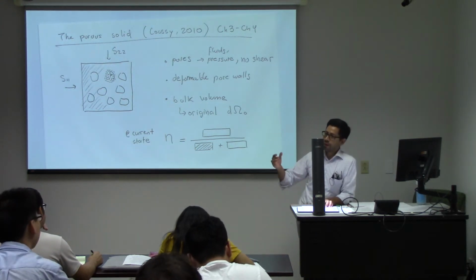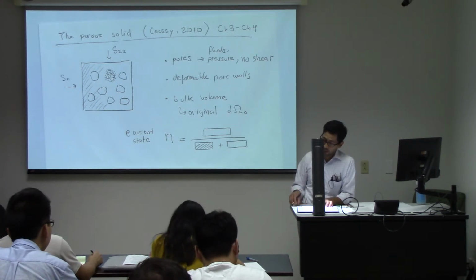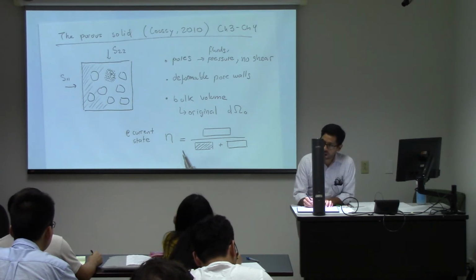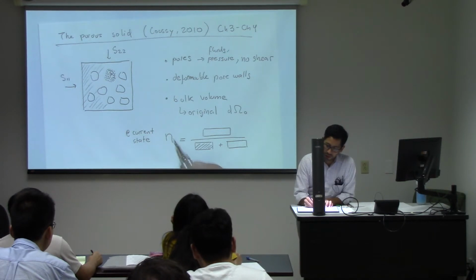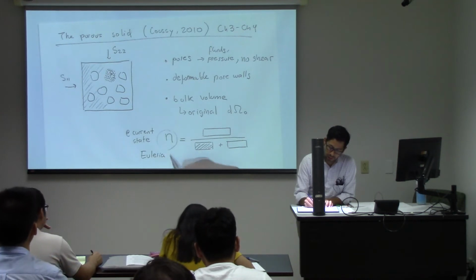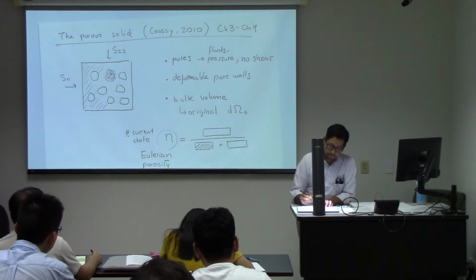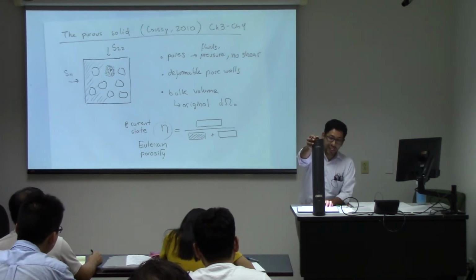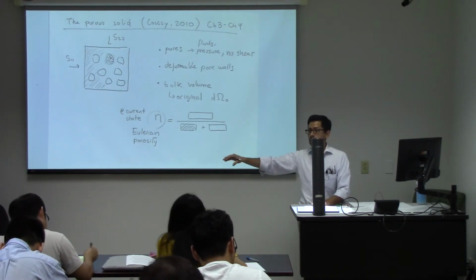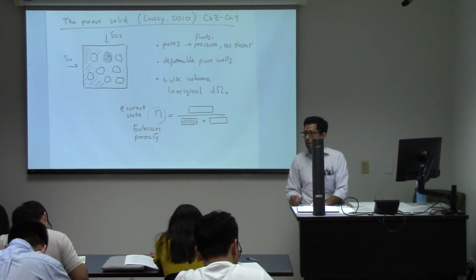And when we refer to variables that are defined corresponding to the current state, we call that an Eulerian variable, and because of that, this one is going to be an Eulerian porosity, because it's defined at the current state, okay? So if I tell you the volume of the pores and the bulk volume, I can compute porosity right away, okay?